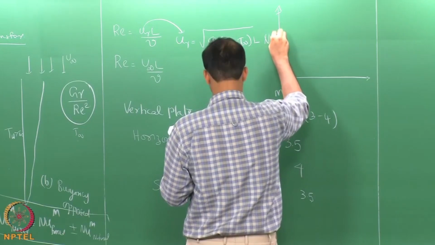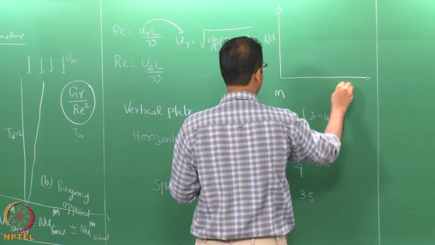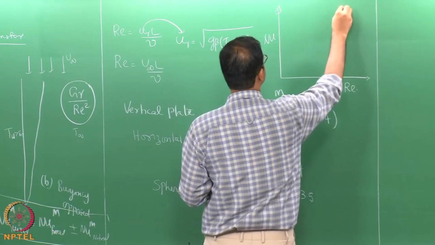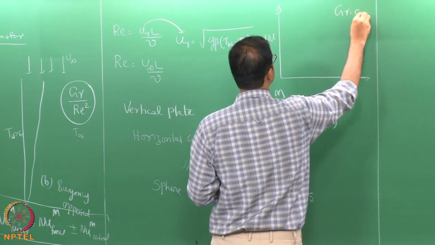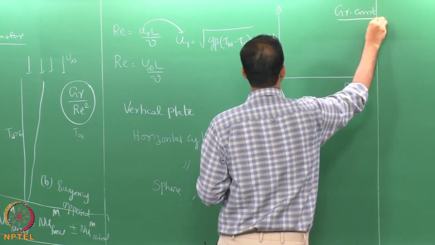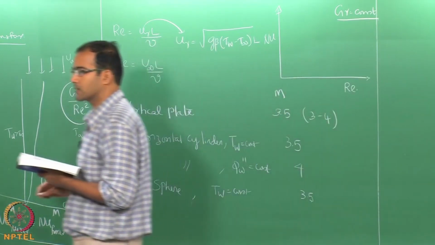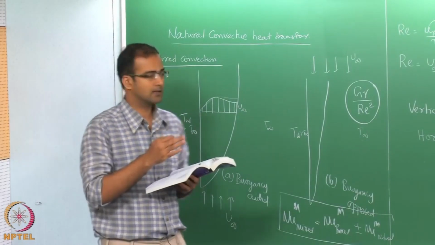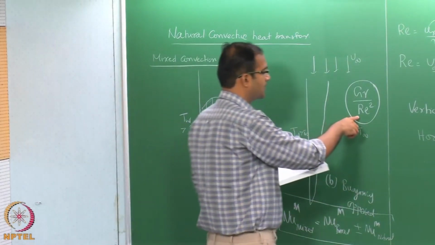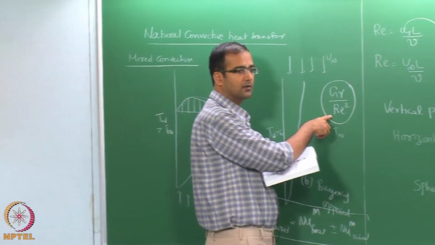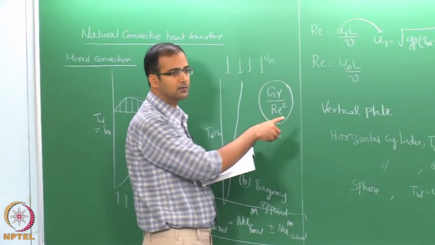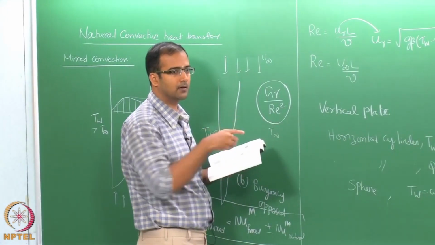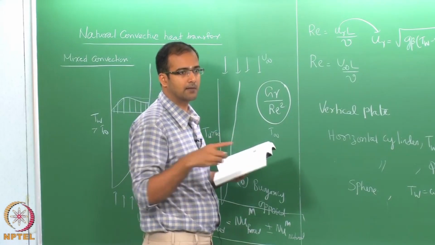So, we plot Nusselt number as a function of Re for a fixed value of Grashof number. That is, I maintain, say, the Grashof number to be something like 10 power 5 and vary only the Reynolds number. Okay. So, I can go from the natural convection regime all the way to the forced convection regime depending on the value of Reynolds number that I vary.